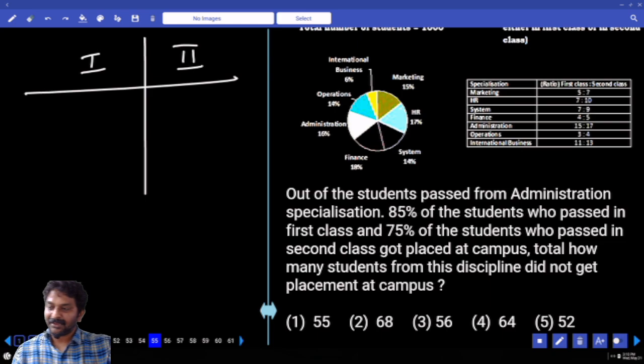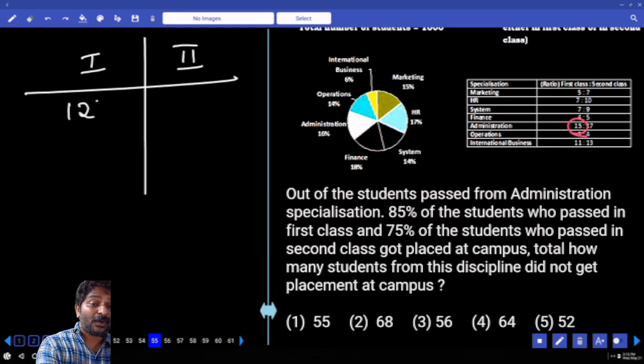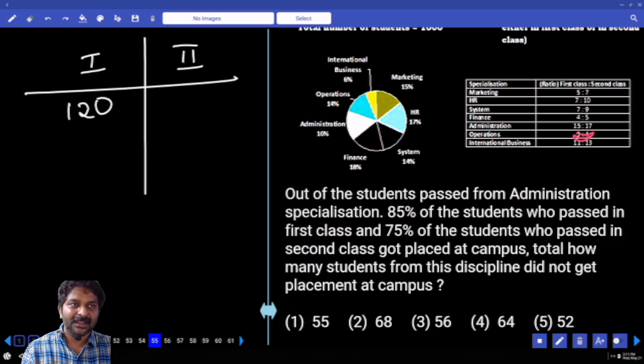Okay. In first class, how many parts are there? 15. 15 8 times, 120. Next 17 times of 8, right? Come on. 2 parts more, right? 2 parts means 1%, right? That is 16, right? 136 people are there total.